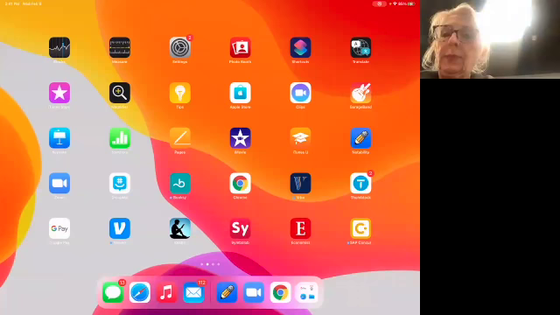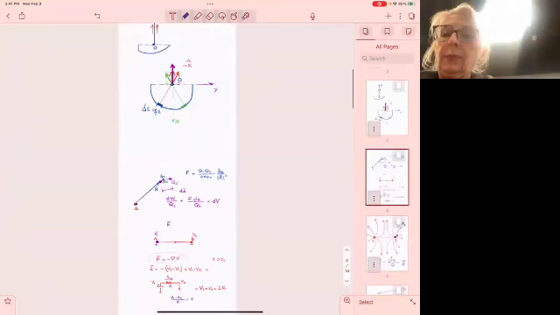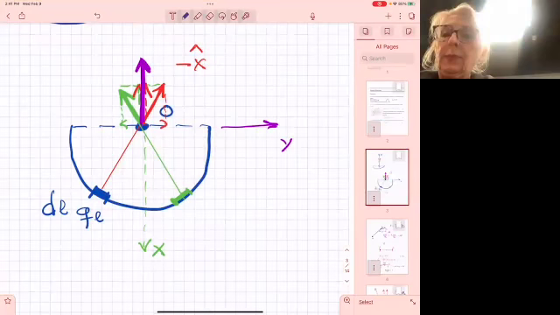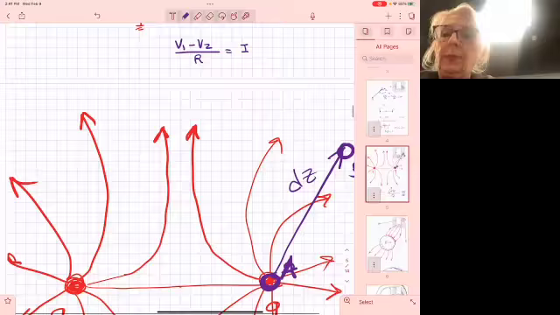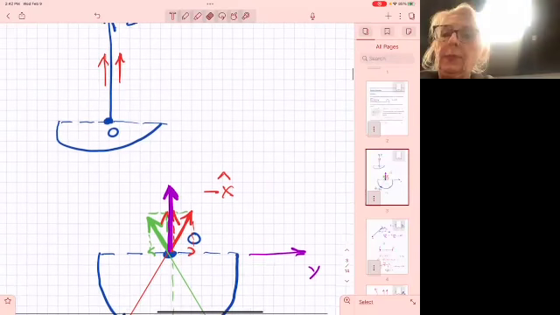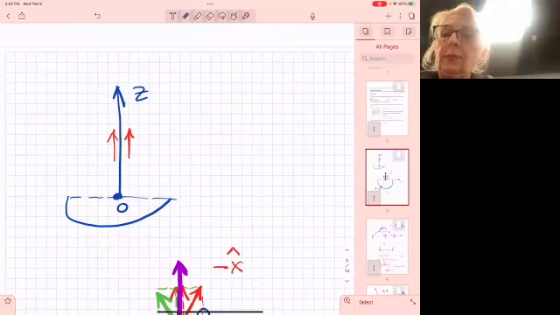So in the half circle, this one, if it's up, if it goes like this, that is going to go like that, and it's going to have a Z, an X, and a Y. I think the X is negative, so it's minus X here.